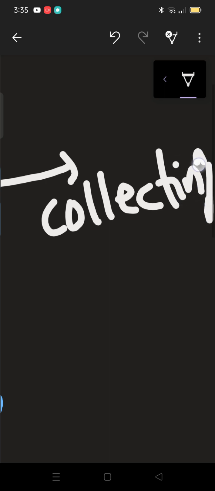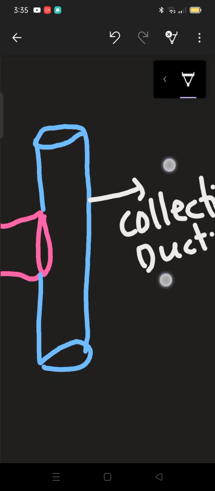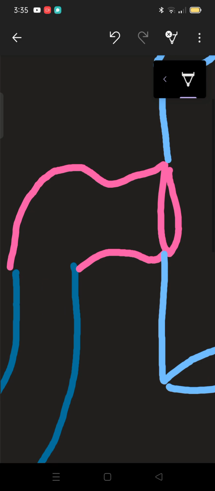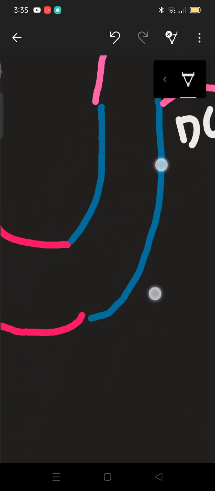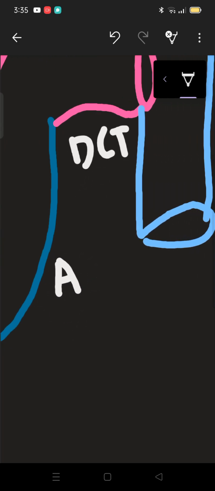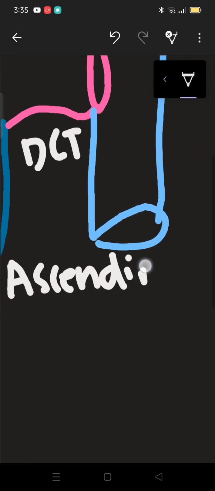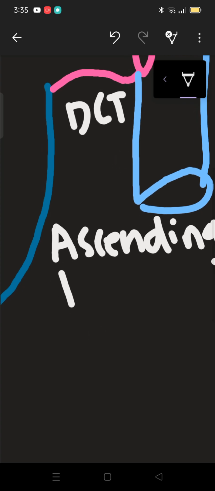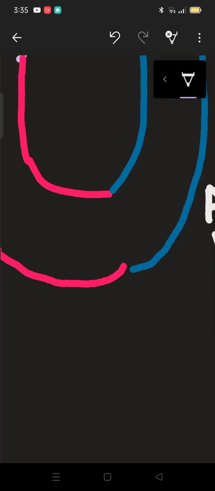This is DCT, which is the distal convoluted tubule. Here we have the ascending limb. This is the loop of Henle.